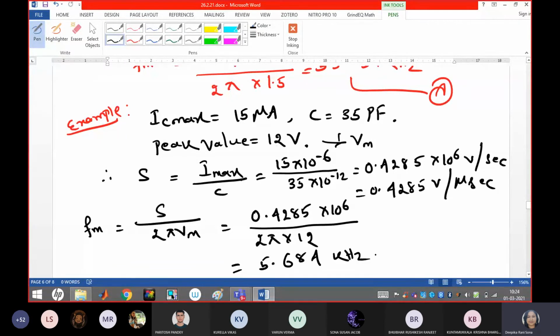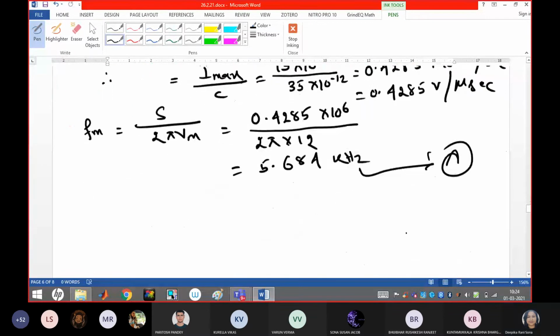So this is the frequency up to which the output will be undistorted, beyond which it will be distorted. In this way you have to calculate, guys. This range of frequency you can use to get an undistorted output. So this is regarding your frequency response and the slew rate.